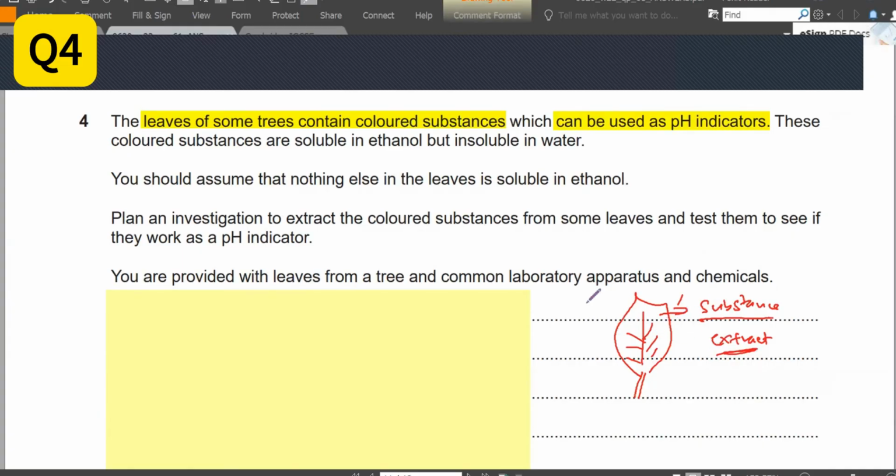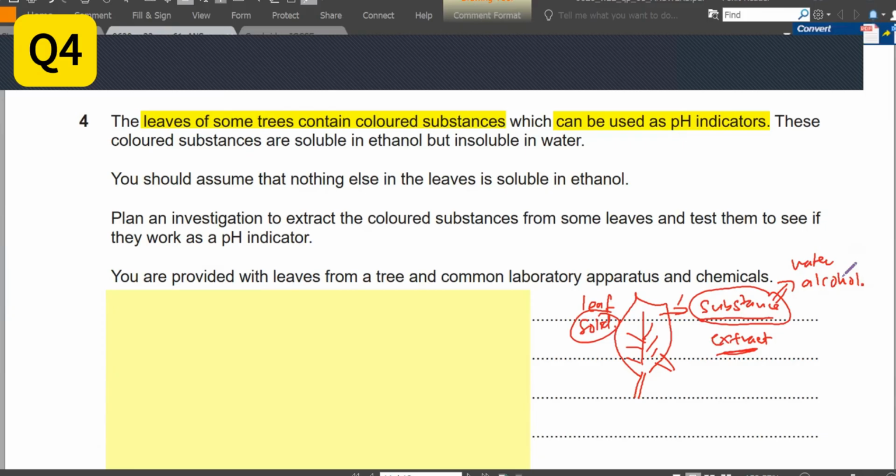The leaf itself is a solid. This substance could be water soluble, or it could be soluble in alcohol.